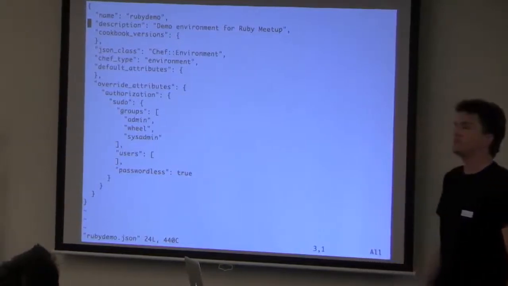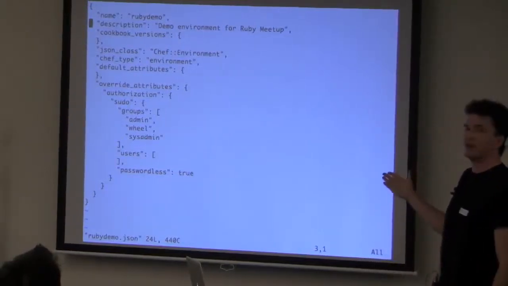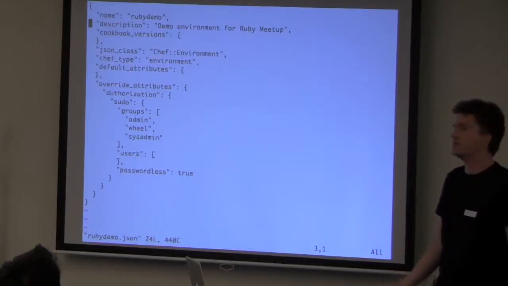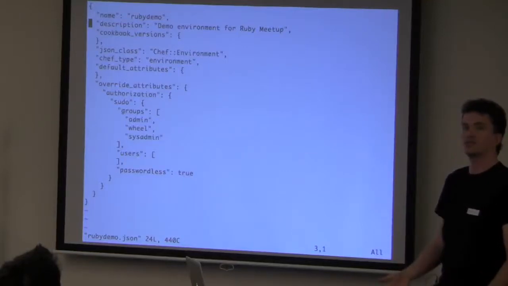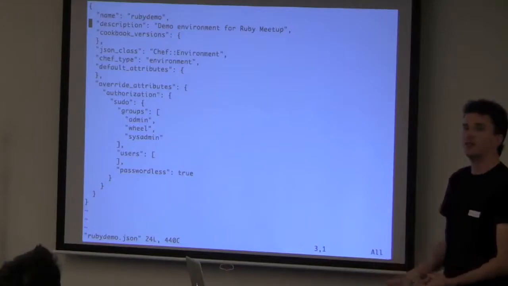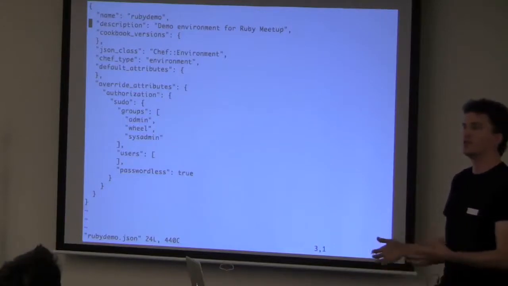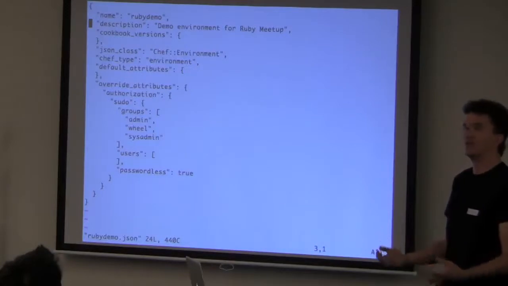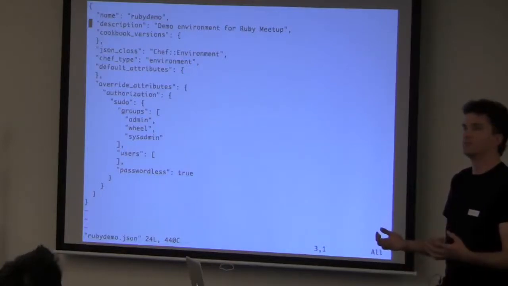So every machine that's built out as part of this environment is going to inherit these attributes. I don't have to worry about setting up user accounts on any of these machines or setting up sudo privileges. And if I take something out later, if I take sysadmin out, then the sudoers file will be rebuilt the next time the Chef client runs, and the sysadmin group will no longer have sudo privileges.